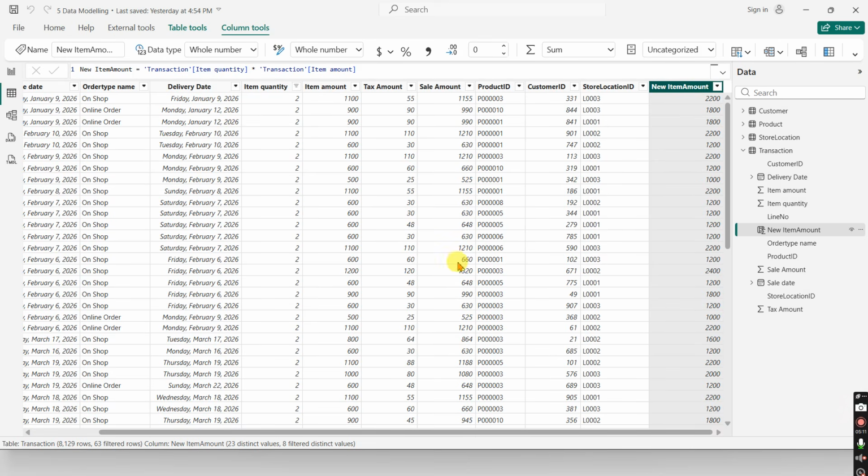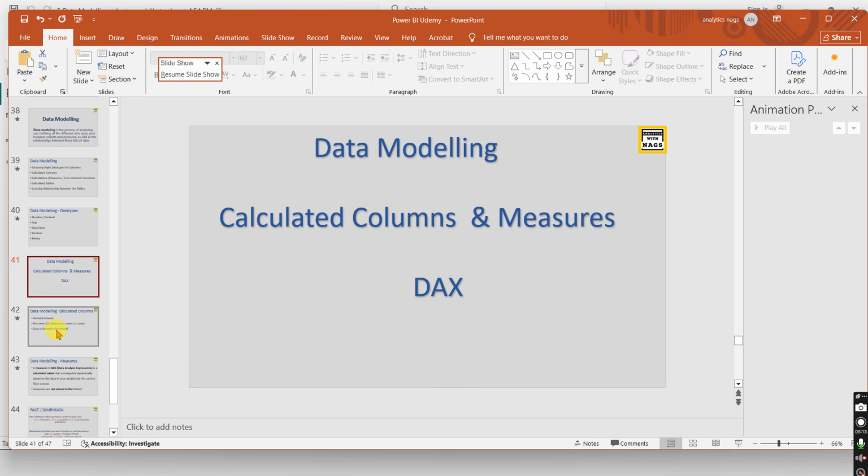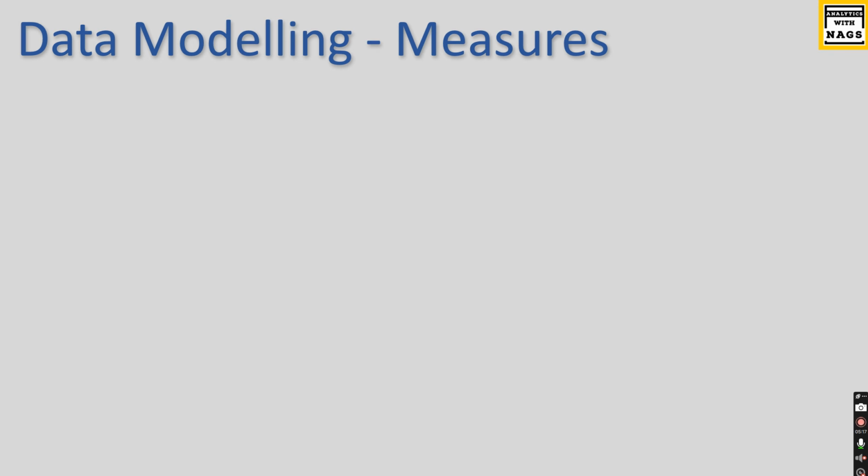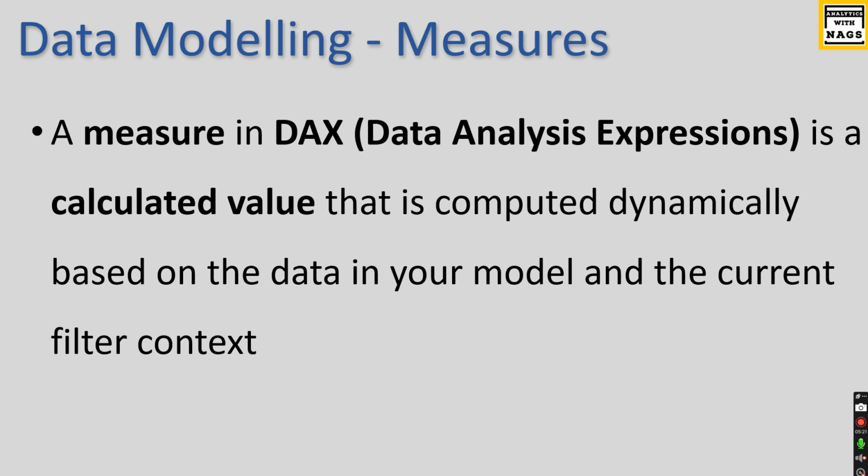Let's quickly understand the calculated measure, or measures. A measure in DAX is a calculated value that is computed dynamically based on the data in your model and the current filter context.